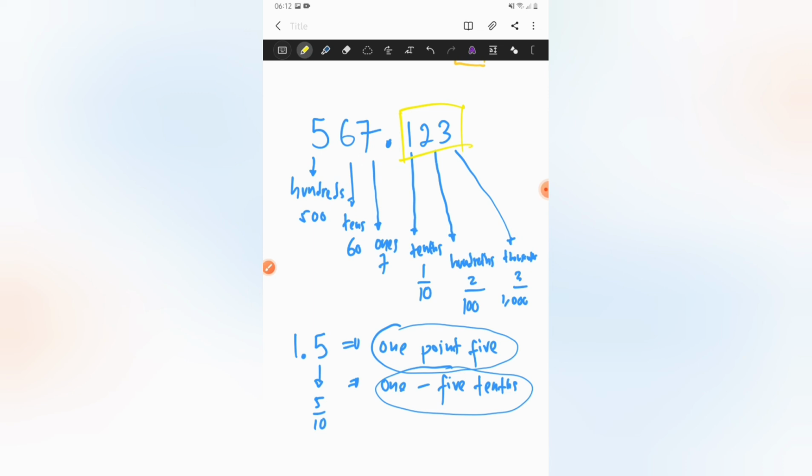So it is not 567.123 read as one hundred twenty-three. Why? Because we will be confused. Which one is the hundreds? Because you say that there's a 123 and there is a 567. That's why after the decimal point, you read it one by one: 567 point 1, 2, 3.